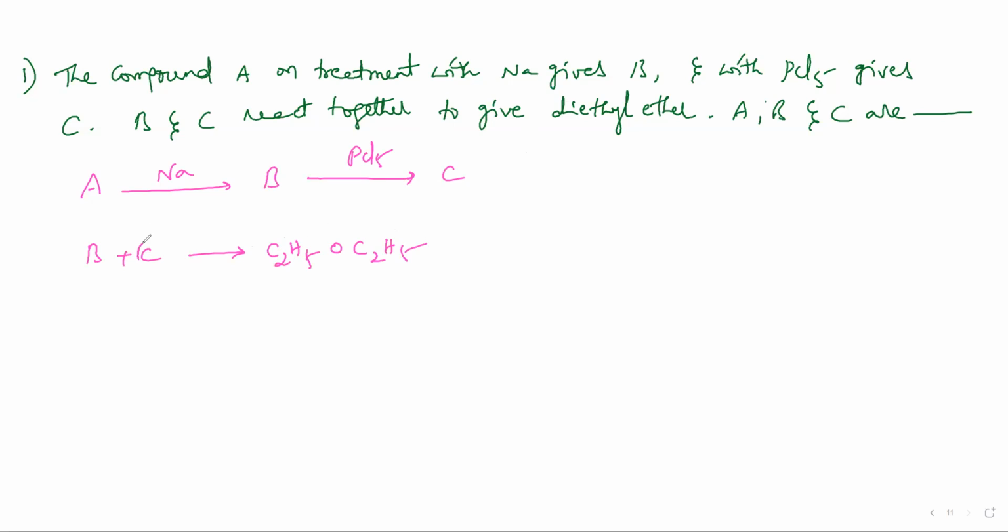When you will get diethyl ether, B and C are alkyl halide and sodium alkoxide. Then what should those products be?